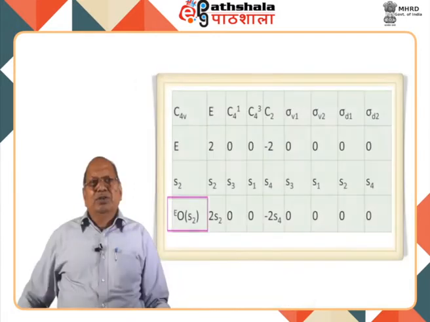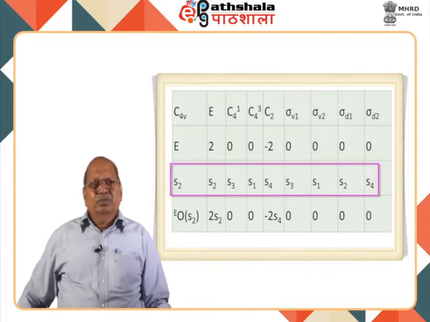Now, if we make use of E on S2, that is the transformation operator corresponding to E and how it operates on S2, we take up the symmetry operations corresponding to the various transformation operators for the symmetry E. Here again I will take the function S2.